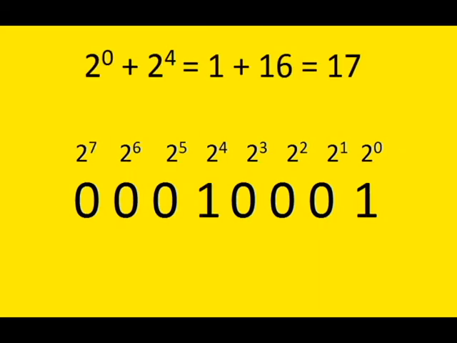The computer will look from the rightmost transistor to the leftmost, and if any of the transistors is on, it will simply get the value of that transistor and add. So it will get 1 and add 16 to that 1. So it will get 17.